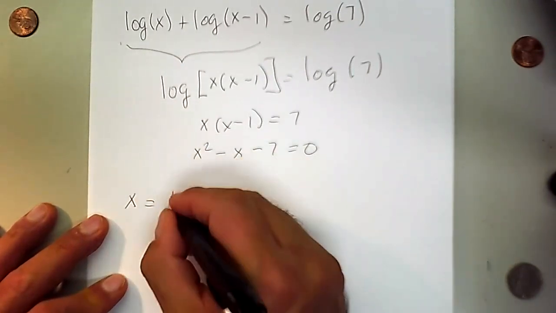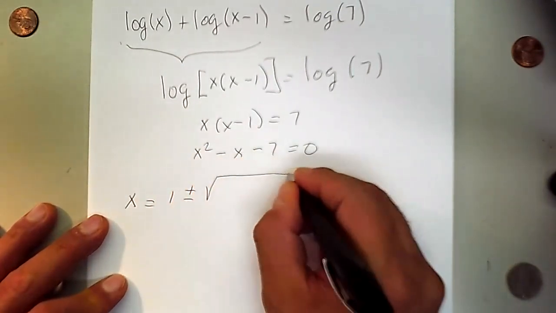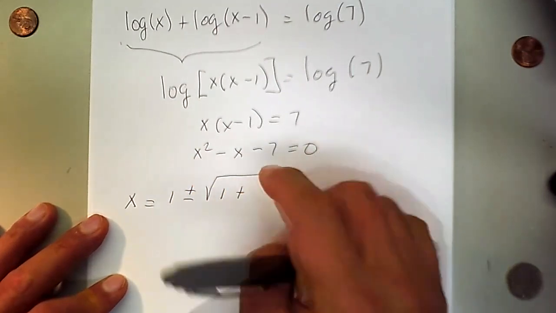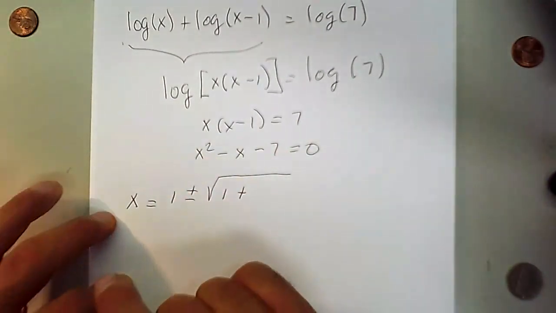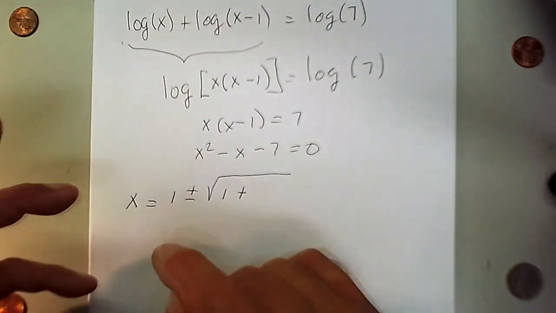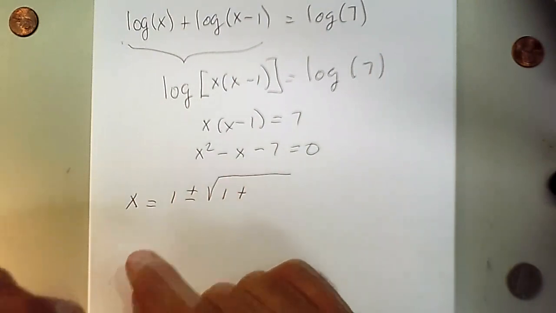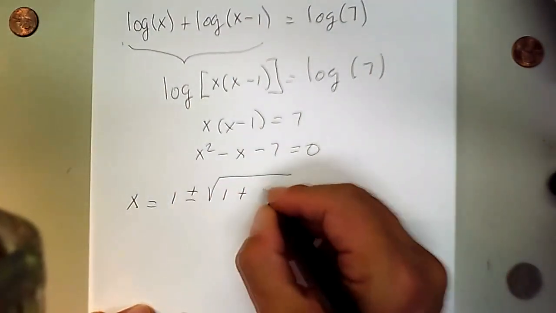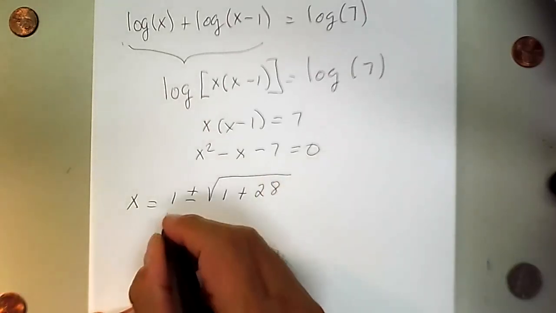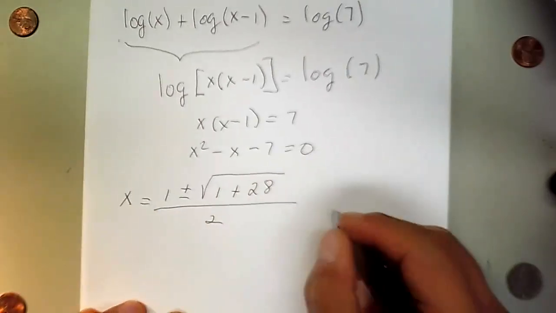X equals 1 plus or minus the square root of 1 plus, because of this negative, 4 times AC. I'm using the classic formula, negative b plus or minus the square root of b squared minus 4ac, all of that over 2a. So that is 28, all of that over 2.